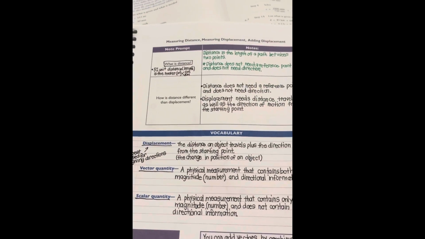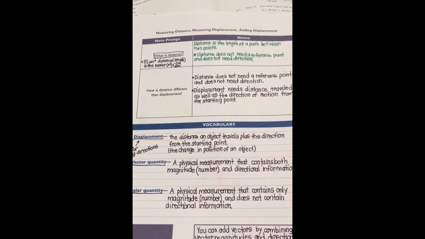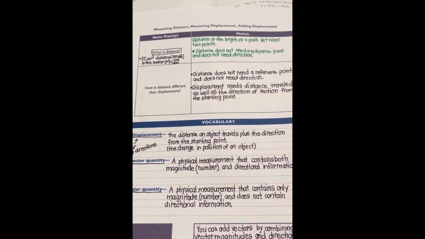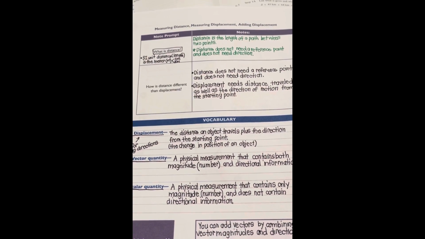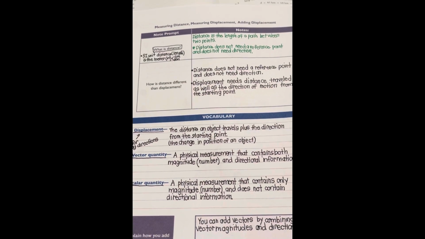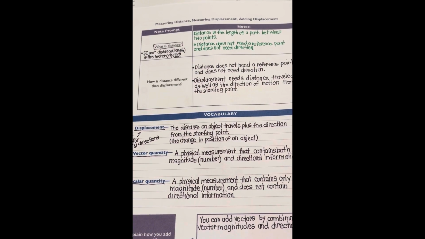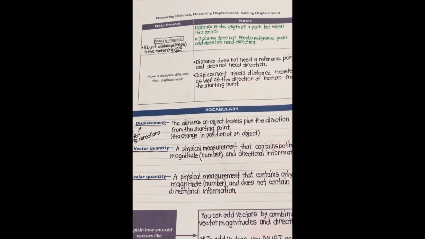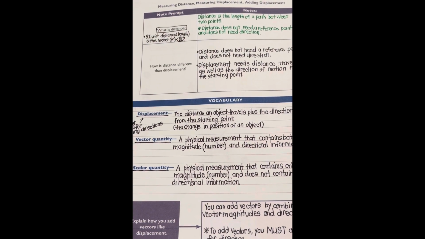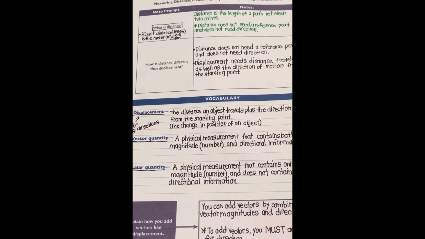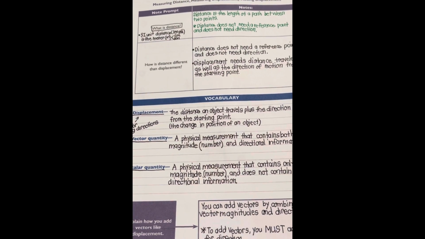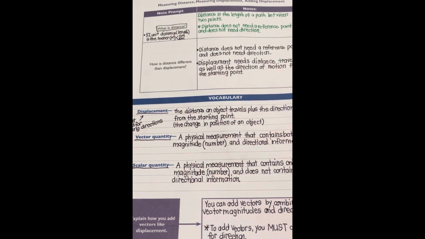All right, so what is distance? Distance is the length of a path between 2 points. Distance does not need a reference point and does not need direction. And again, I think either the first or second module, we talked about the SI unit for distance, which is length, which is the meter.